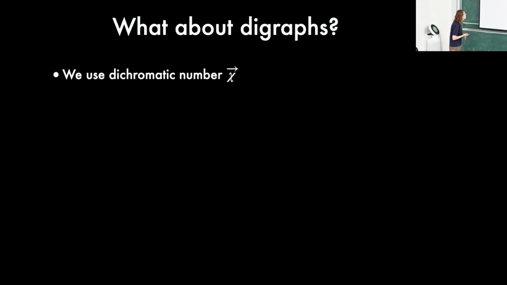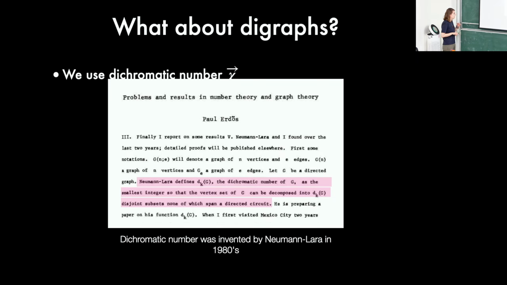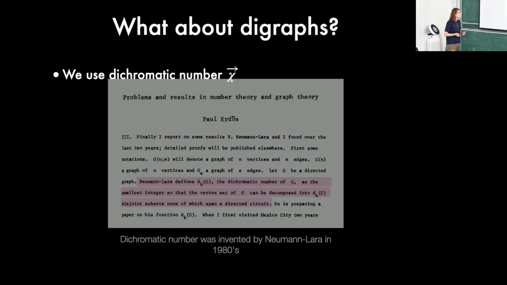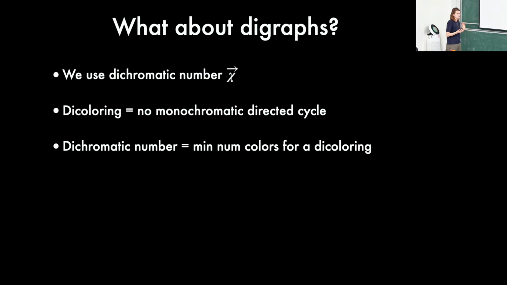So we're going to instead use something called the dichromatic number, which was defined by Neumann-Lara, and then subsequently popularized by Erdős. Basically it means that you divide into color classes where every color class has no directed cycle, and the dichromatic number is the minimum number of colors you need for such a coloring.